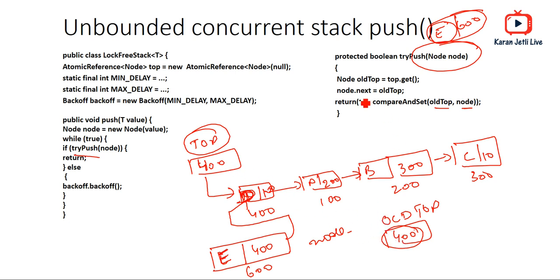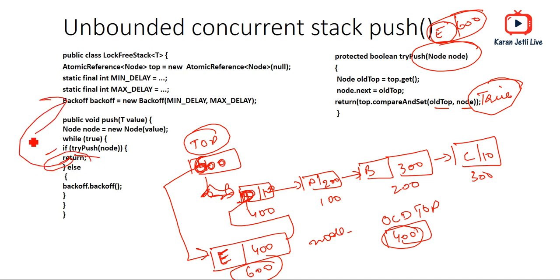It remains the same. So top.compareAndSet with node value, that is 400 compared with 600. So we replace 400 with 600. So now top points to the new node, the new top, and this is my linked list. And it returns true, and here we get the true. If true, then we come out of it, and our push is complete using try push.